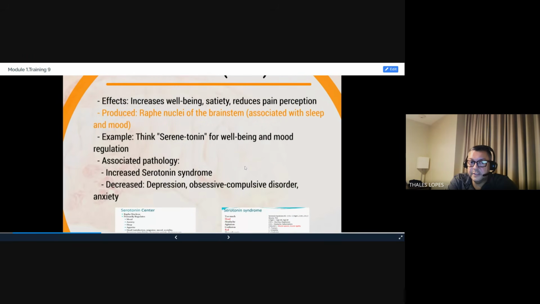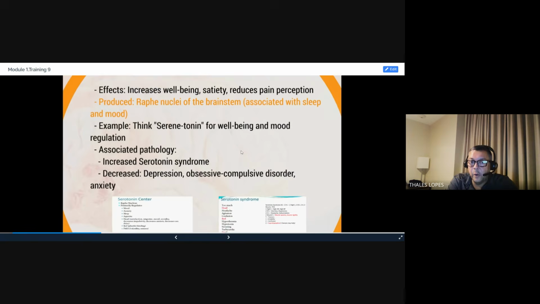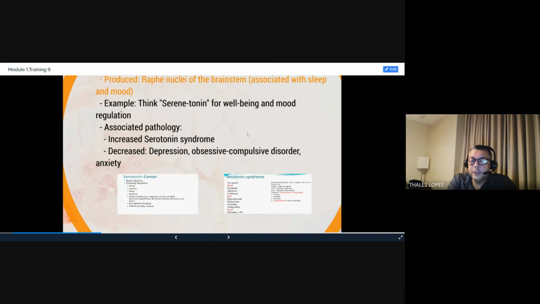If you think of serotonin for well-being and mood, you think about the conditions. One that has increased serotonin may have serotonin syndrome. If they have a decrease in serotonin, they would have depression, obsessive compulsive disorder, anxiety.